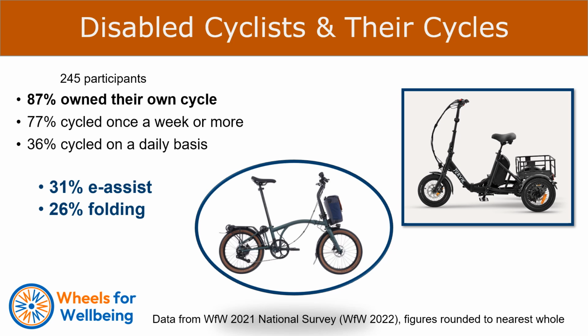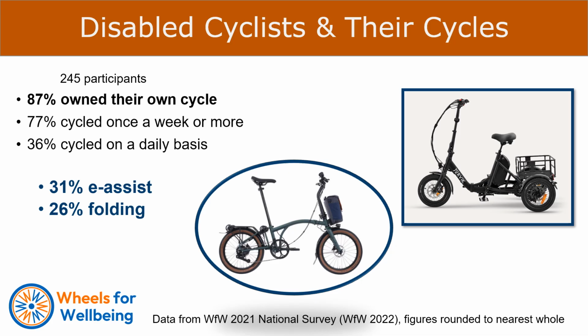We also asked some other questions around what makes cycling accessible for disabled people. Nearly a third of the respondents, so 31%, said that their cycle had e-assist. E-assist is really important for disabled people. It enables disabled people to travel further and faster and over more challenging terrain than they would be able to without e-assist.